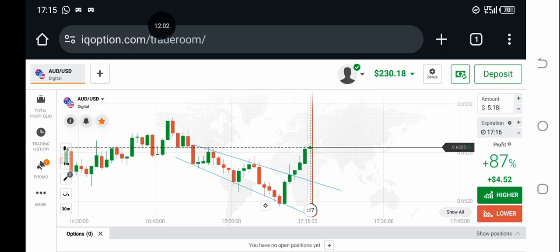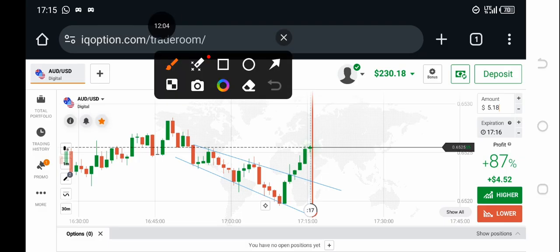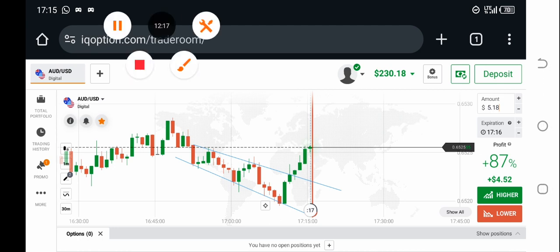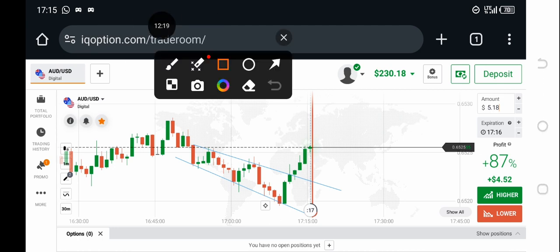Now, look at this particular level. We are seeing an engulfing candlestick here. This is the last bearish candlestick that closed, and it closed at this particular level. So that is our level of support where we are expecting the buyers to enter.